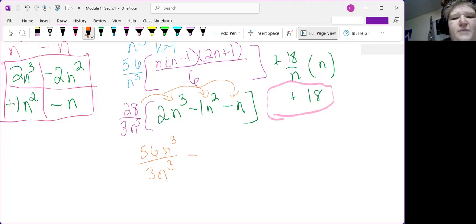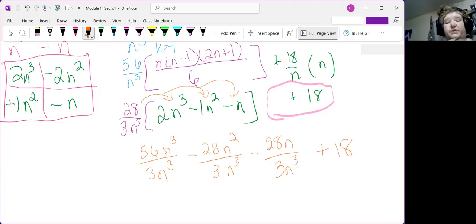So negative 1 times 28, negative 28 n squared over 3n cubed minus 28n over 3n cubed plus 18. So my sigmas are gone, my k's are gone, the i's were never even in there. This is now a formula that I can apply the limit to.